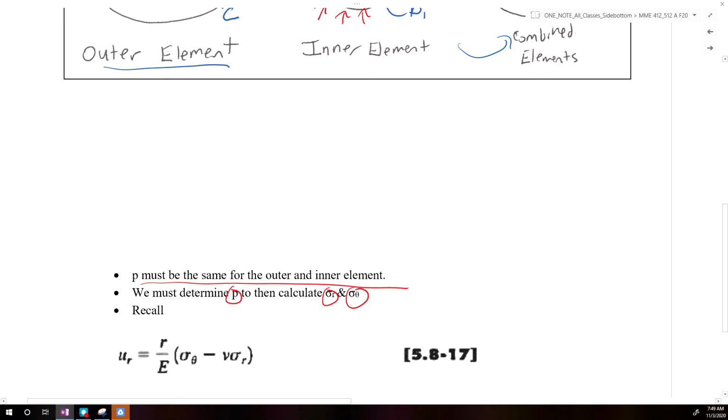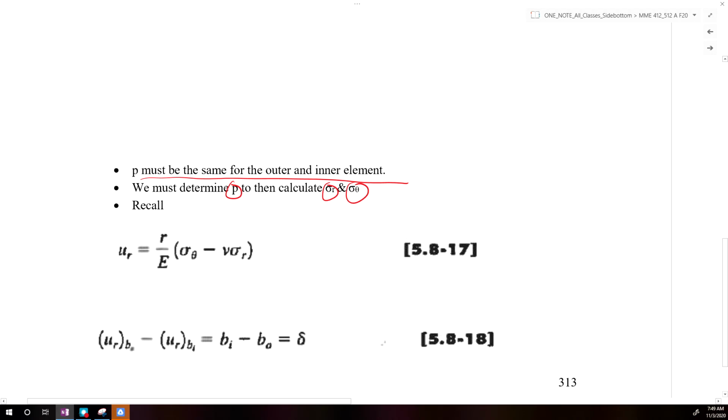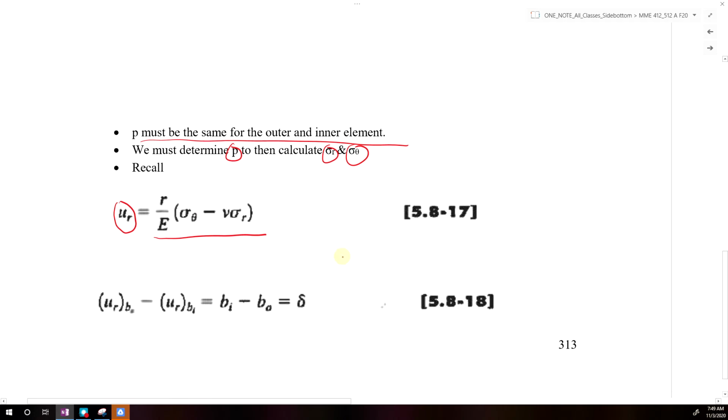If you recall from earlier in the lecture, we had defined that our displacement in the radial direction is a function of the material properties, the radius, and the tangential and radial stresses.